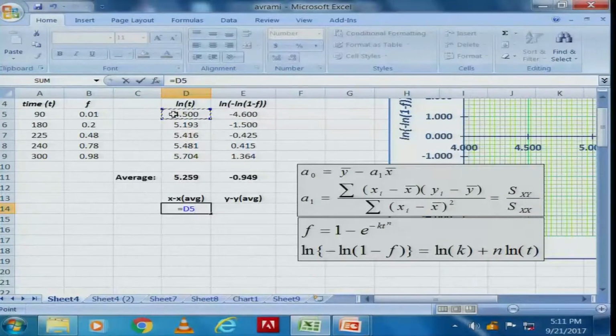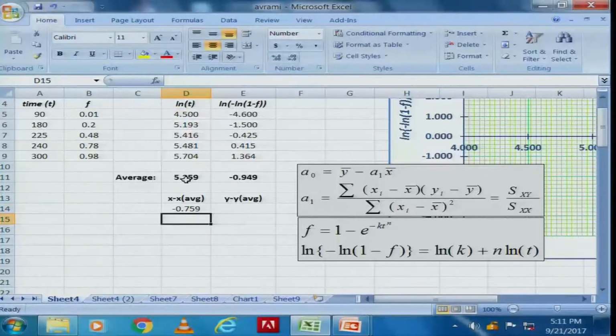Now, this set of values would be, the first x value is in cell D5. So, D5 minus the average x, and I will anchor it so that it does not change when I copy the formula. This gives me the first x minus x average value.